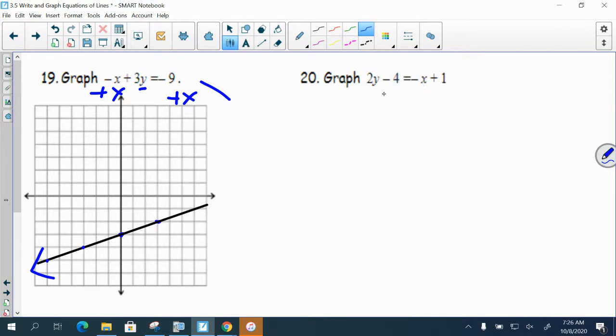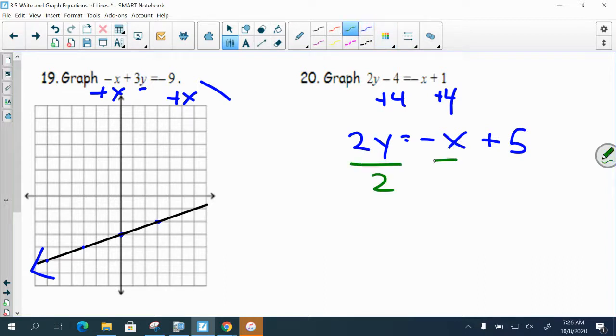First we would add the 4 to the 1. So you get 2y equals negative x plus 5. And then divide everything by 2. So we get y equals negative 1/2 x plus 2.5.